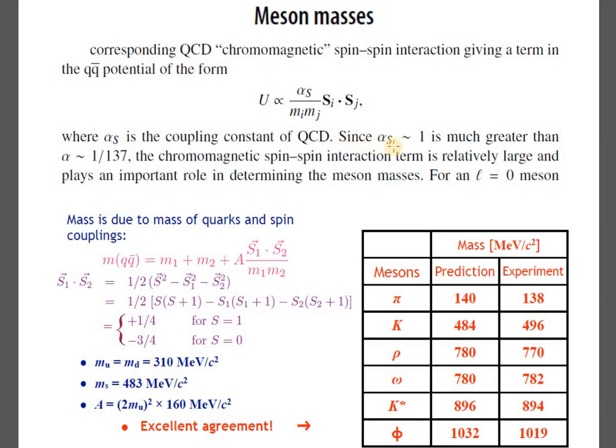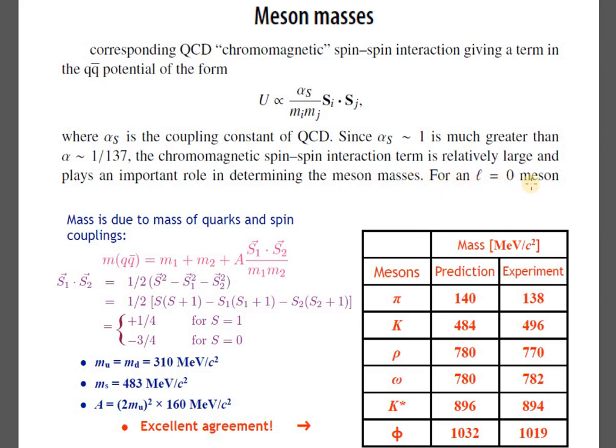Since alpha is approximately equal to 1, which is much greater than this value, the chromomagnetic spin-spin interaction term is relatively large, and it plays a very important role in determining the meson masses.